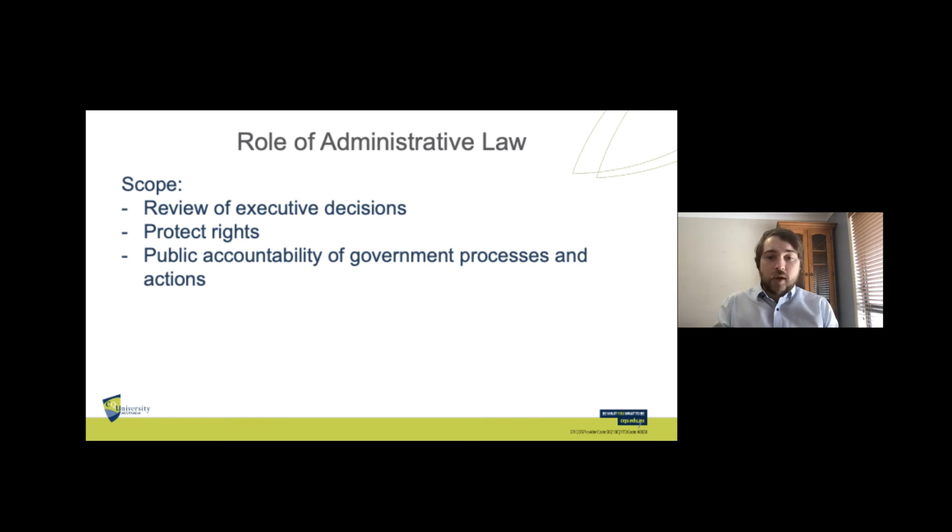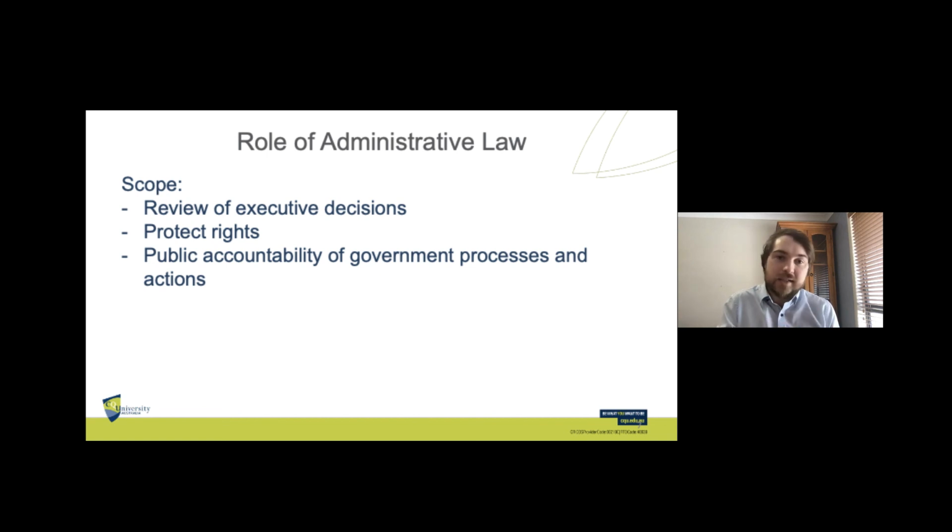downtrodden? And lastly, the scope of administrative law is to provide public accountability for government processes. Making sure that government is open and transparent and that's important. We'll talk about that more in Week 2, but that's really important because government that is open and transparent in its decision-making is generally thought to do a better job.